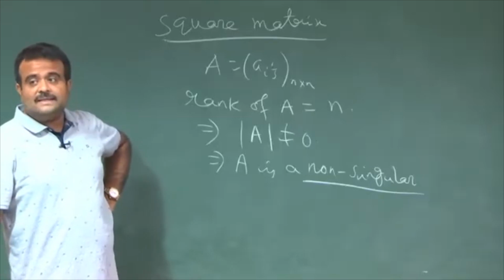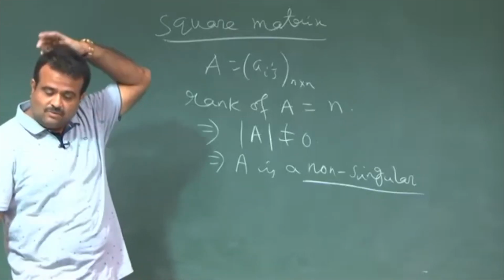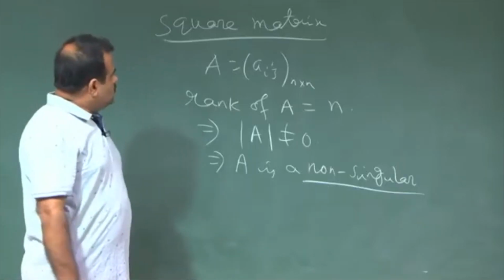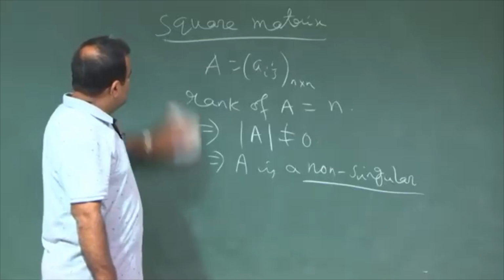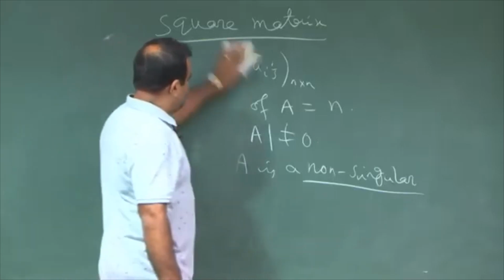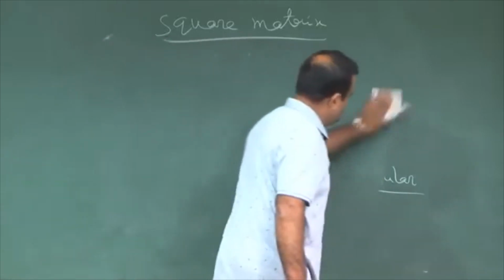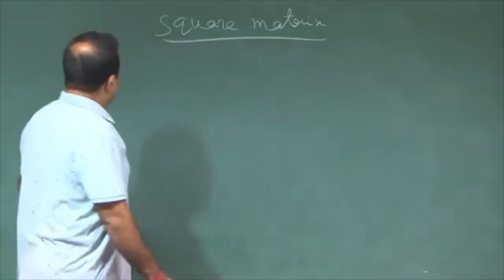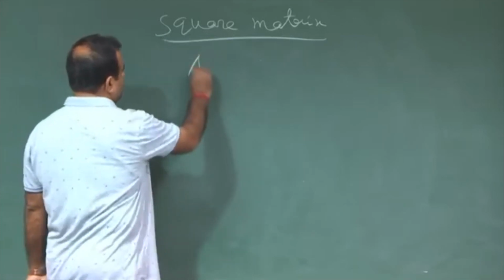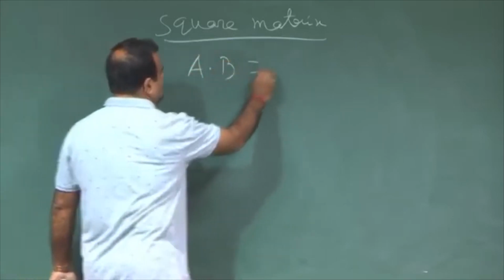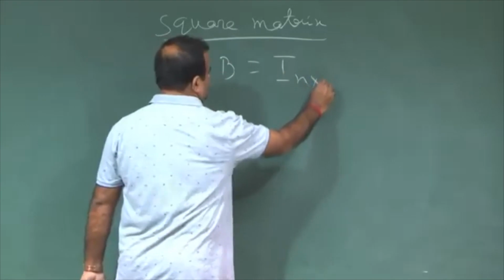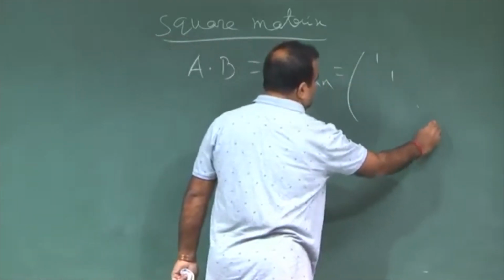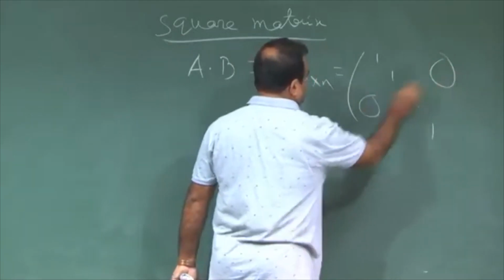Now, if we have a non-singular matrix, then we know that it has an inverse. So, what is the inverse of this matrix? Suppose A is a non-singular matrix. The definition of inverse is that A into B should be the identity matrix. Identity matrix means all elements are 0 other than the diagonal elements.